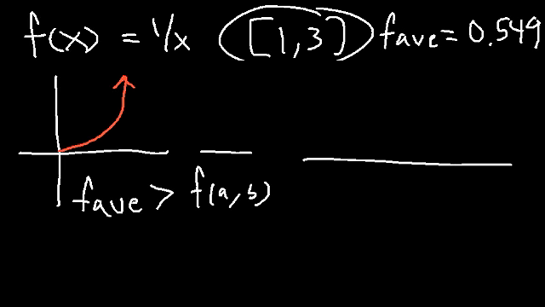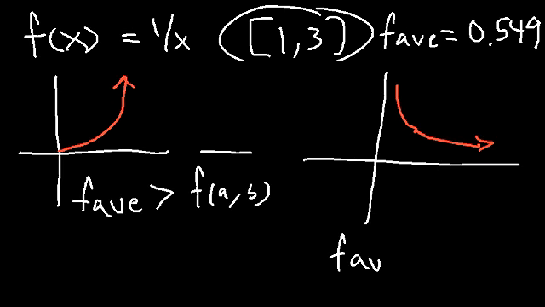In the second example, we had a decreasing function, but even though this function is decreasing, it's still concave up. And the average value was still, I wrote greater than, I meant to put less than. The average value was still less than the average between f of a and f of b.